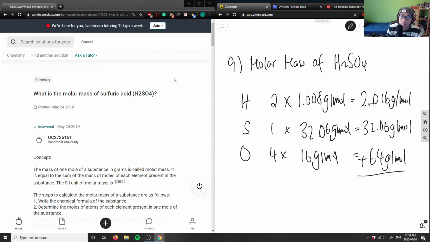I simply have to add all of these up to figure out my total molar mass, right? So I have 2.016 plus 32.06 plus 64, which would give me a value of 98.076 grams per mole, and this would be my molar mass of my sulfuric acid here.